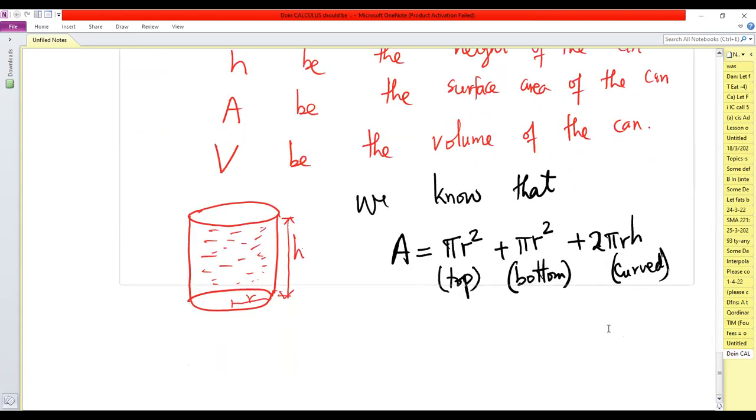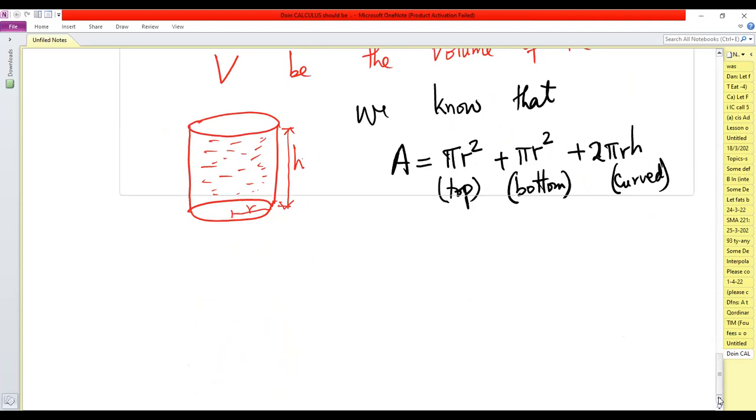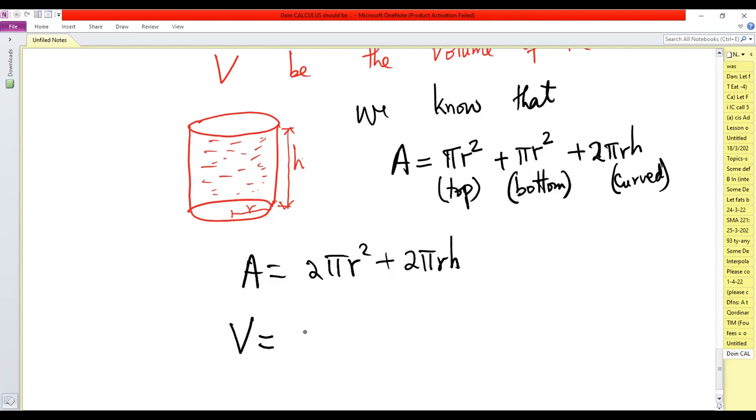Adding all this, area is 2 pi r squared plus 2 pi r h. This is a starting point. If you don't remember the formula for the surface area of a closed cylinder, you'll not be able to proceed. Also, volume is given by pi r squared h.